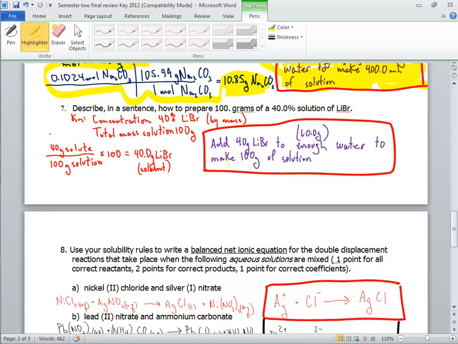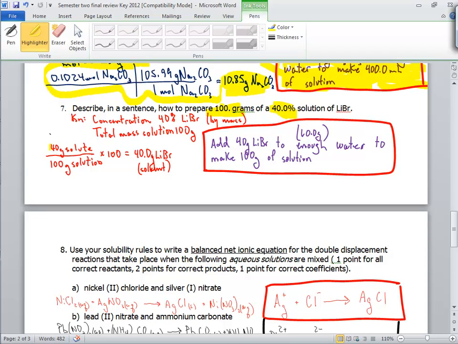Number 7. Once again, describe in a sentence how to prepare 100 grams of a 40% solution. Don't make this problem harder than it is. These problems are quite easy. We're simply finding what is 40% of our total mass. That's how much solute we need to add.